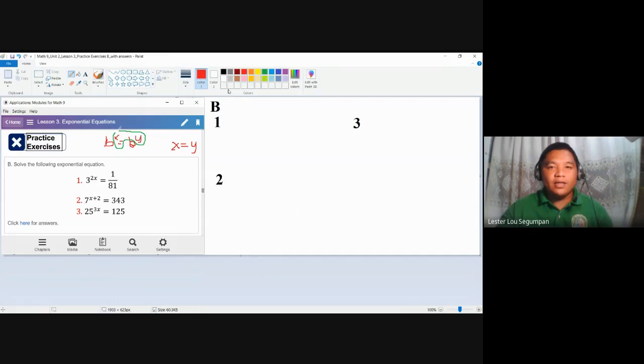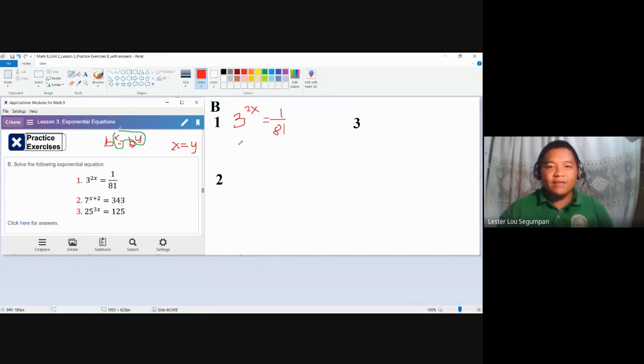Number one is all about 3 to the power of 2x is equal to 1 over 81. Okay, so again, the goal here is to make sure that both sides have the same base. Now, 81 can be expressed as an expression with base 3. Why base 3? Because your left-hand side of the equation is already in base 3.